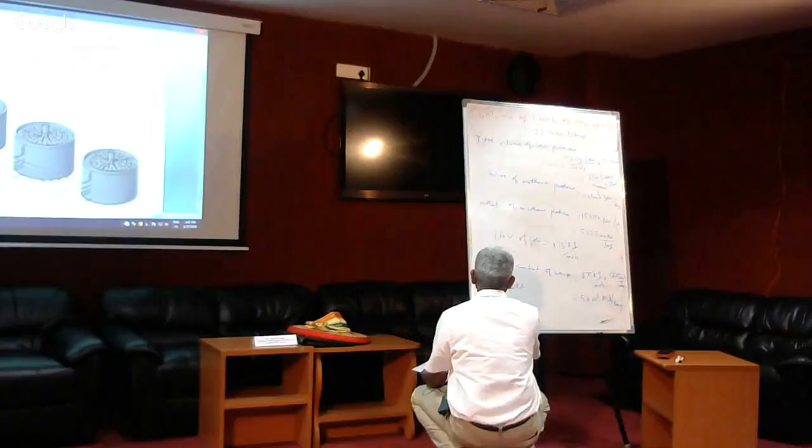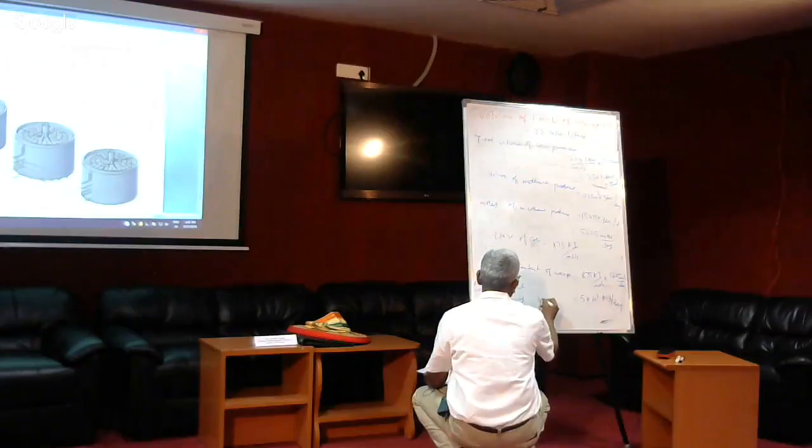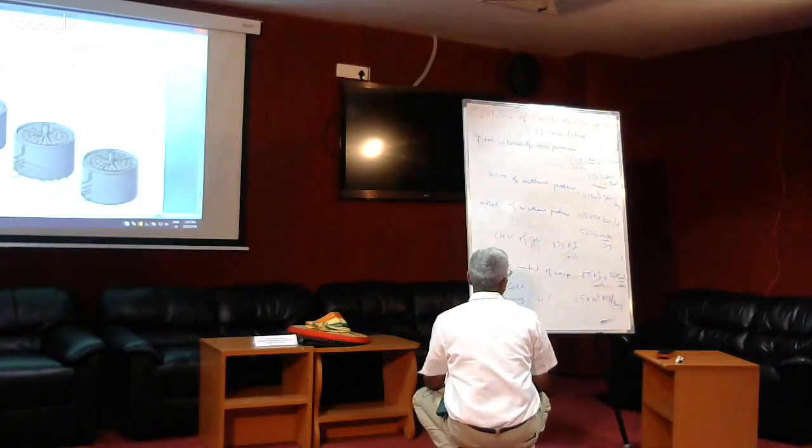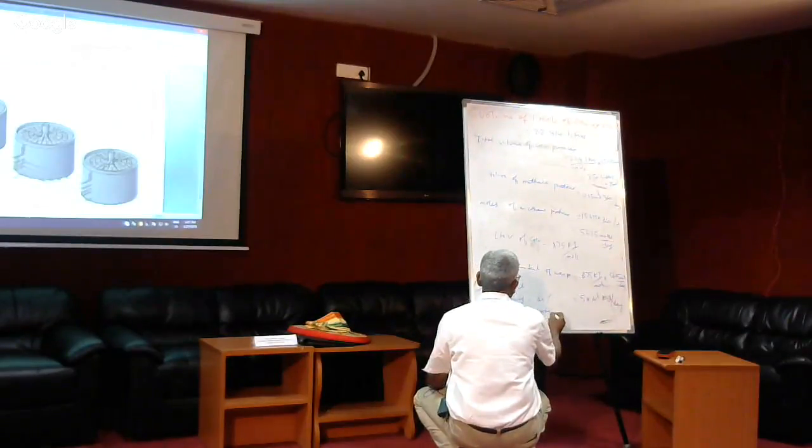This is an MCFC, molten carbonate fuel cell. That's the most common one. In this case, the efficiency, based on people who have done work with this kind of wastewater, is about 40%. So 40% of this energy is now in the form of electricity.